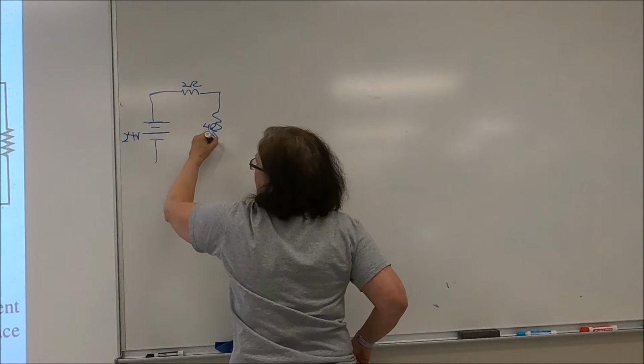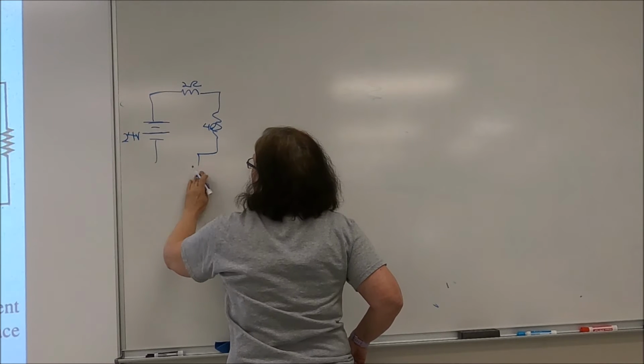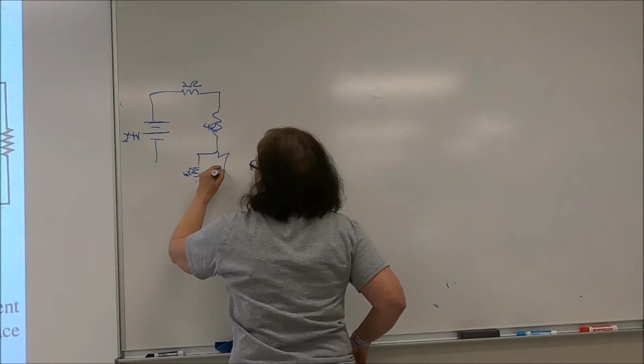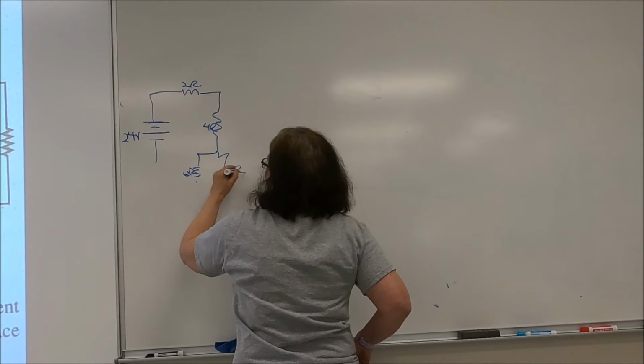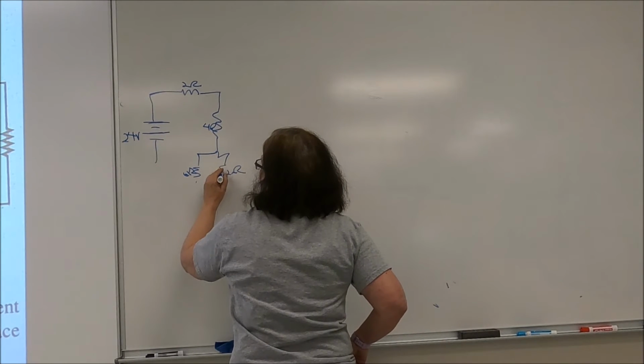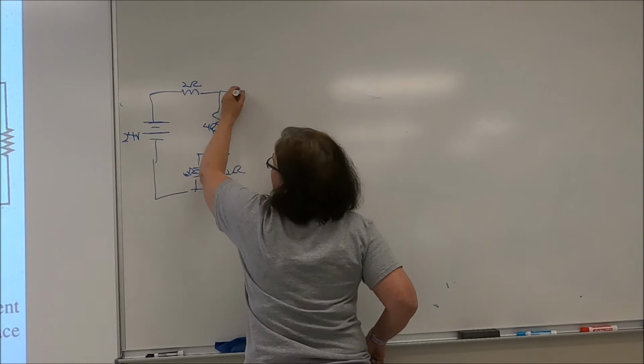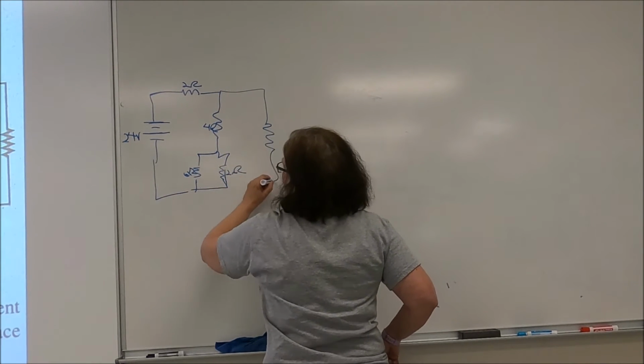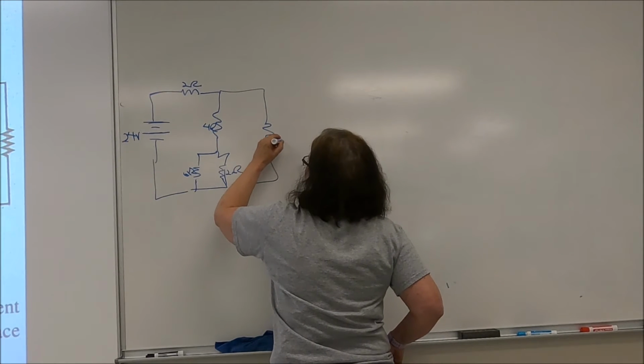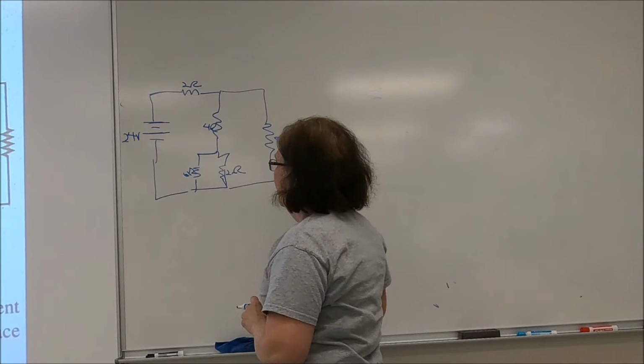We got a 4 ohm resistor that splits out. We got a 6 ohm resistor. A 12 ohm resistor. And then out here, we've got an 8 ohm resistor.